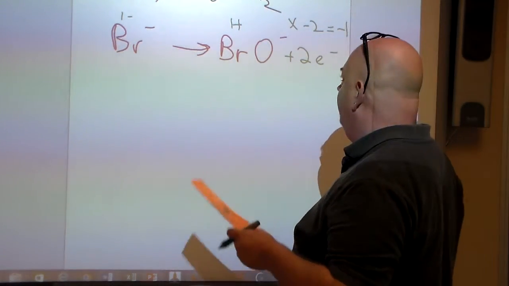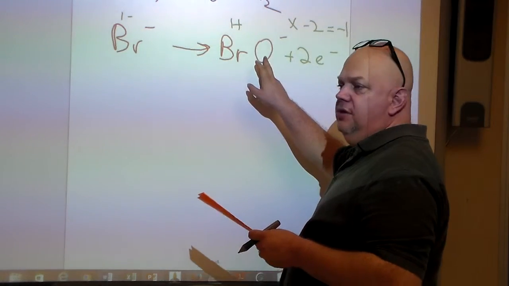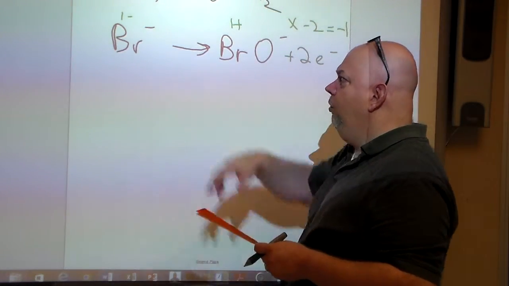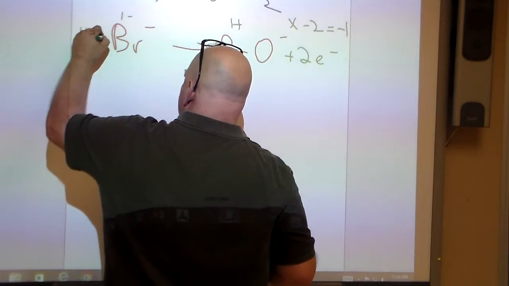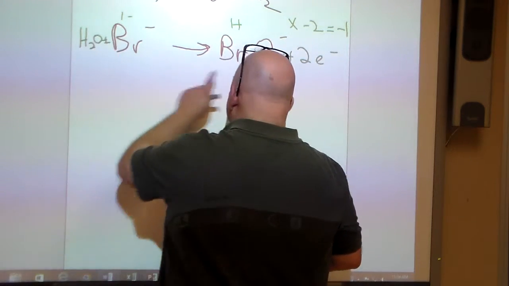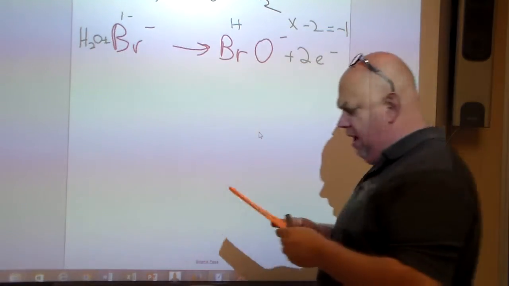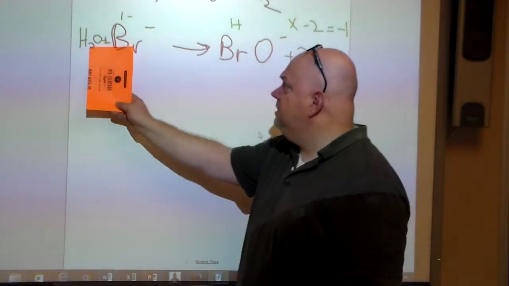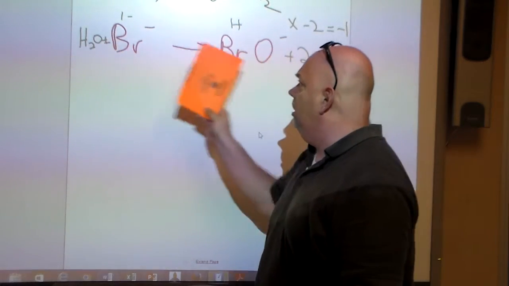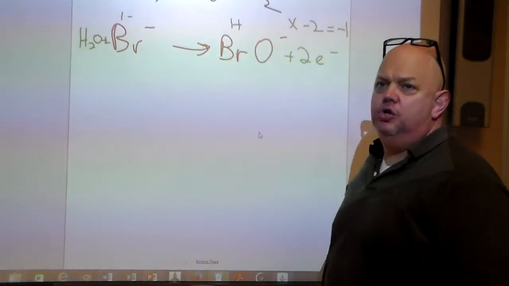But we also have to realize that we have an oxygen on this side. How in the world do we balance that? Well, we're going to add H2O here to take into account the oxygens. Now our bromines are balanced, our oxygens are balanced, but not the hydrogens.